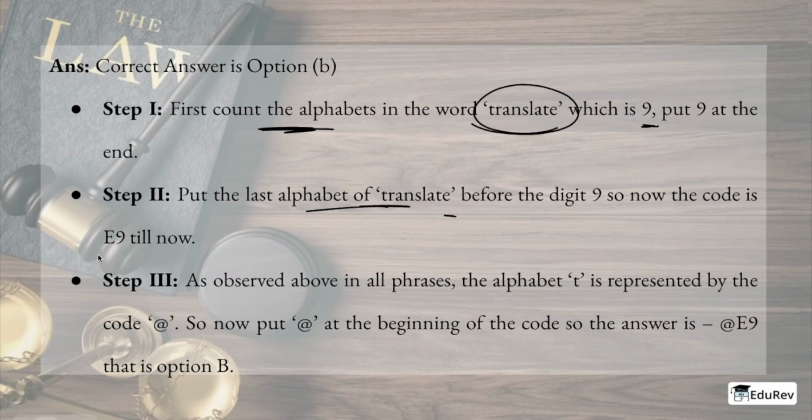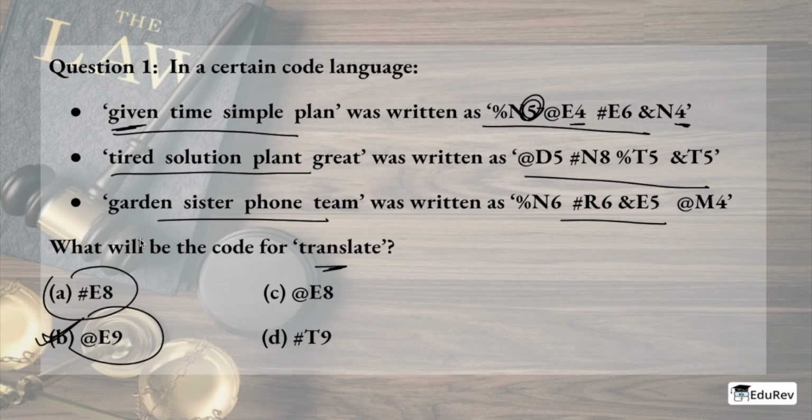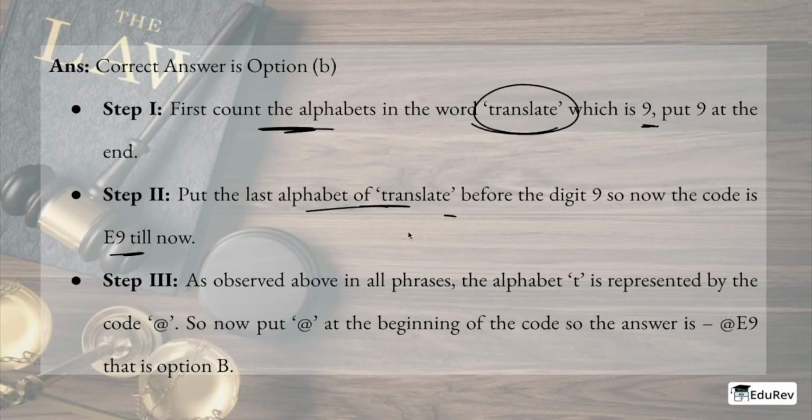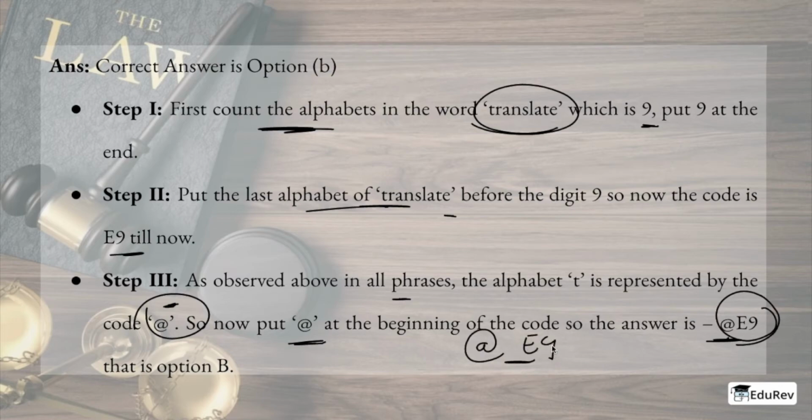So now the code is E9 till now, and this is exactly what is done here. The third step is, as observed above in all the phrases, the alphabet T is represented by this code, so we have to put this at the beginning of the code. So the answer is going to be @E9. This is option number B.